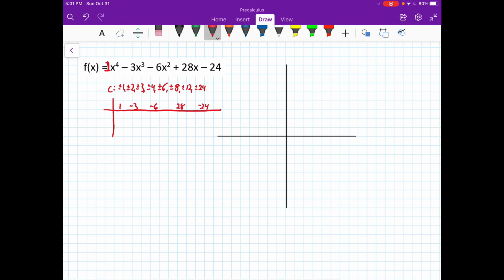Let's try 1. All right, so not 1, but there is the point 1, -4. That's kind of helpful. Let's try 2.